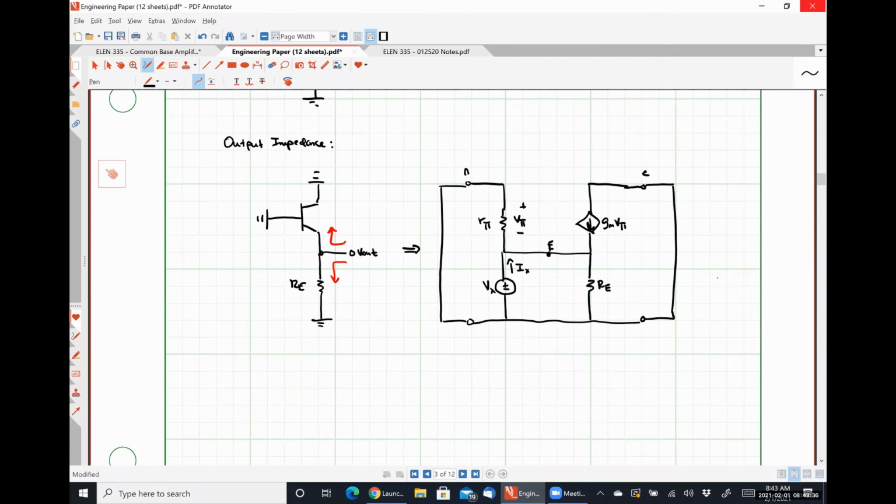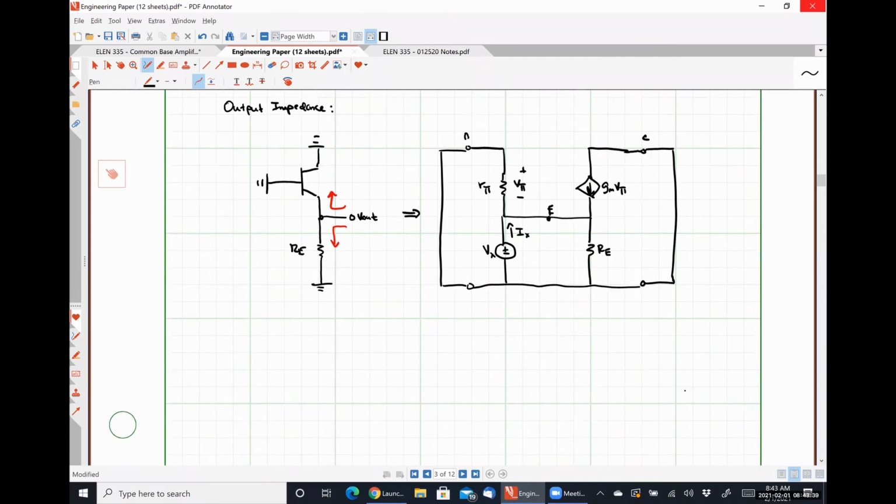So if I redraw this guy in my standard circuits 1 methodology, putting my test source on the left-hand side, where this node represents my emitter, this node down here represents ground, I have RE placed directly in parallel with my source. R pi will also be placed in parallel with my source.